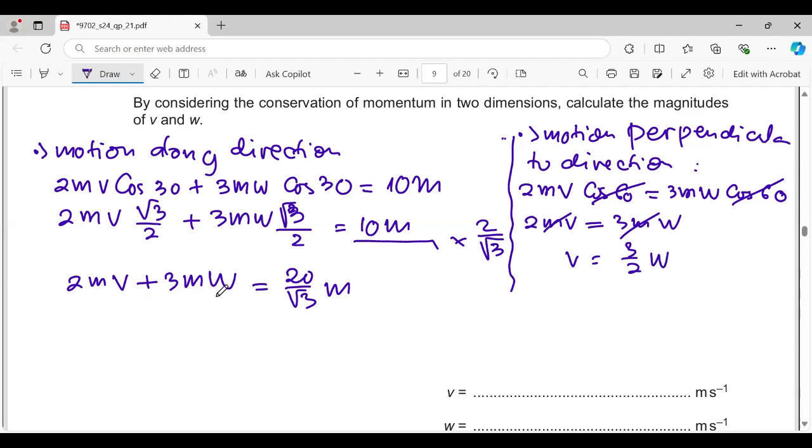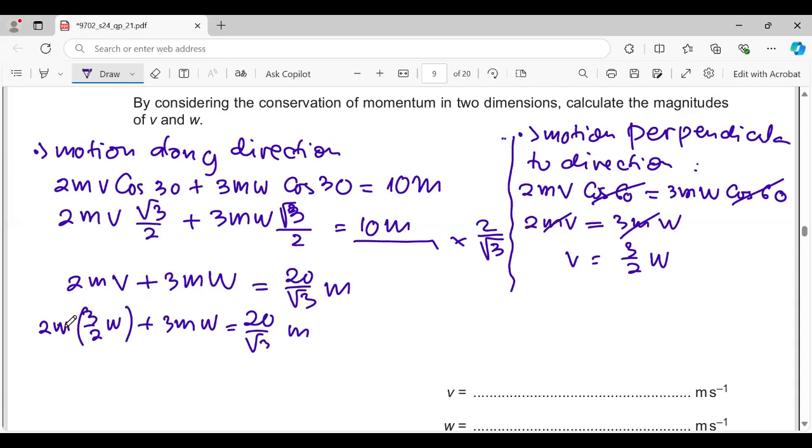So substitute into this equation, it becomes 2m times 3 half w plus 3m w equals 20 over 3m.